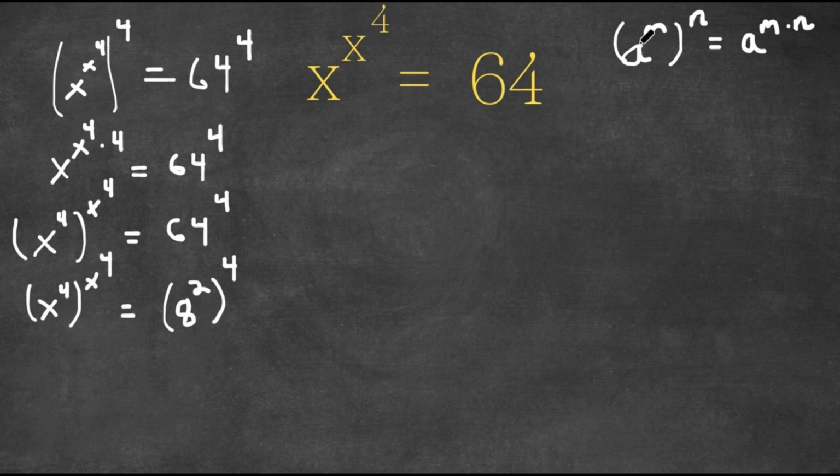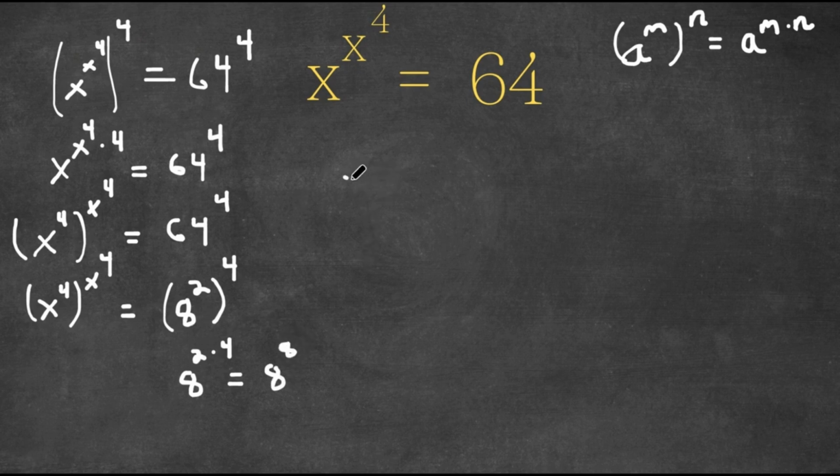Now remember this property: a to the power of m to the power of n is equal to a to the power of m times n. So 8 to the power of 2 to the power of 4 is 8 to the power of 2 times 4, which is 8 to the power of 8.